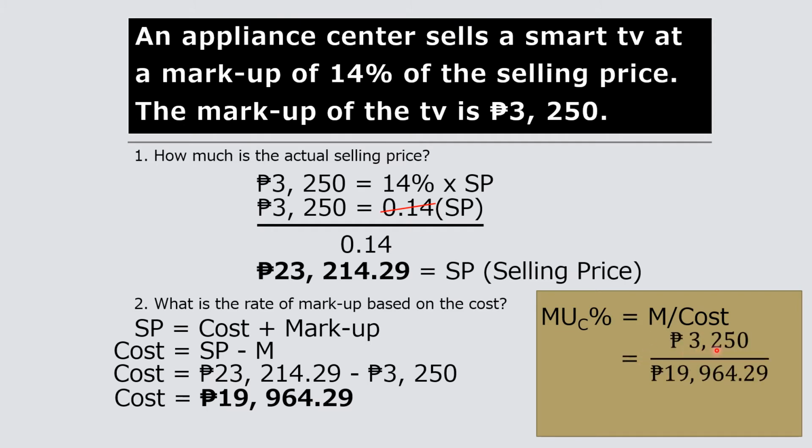That is 3,250 pesos, the markup, divided by 19,964 pesos and 29 cents, that is the cost. It will yield a result which is equal to 0.1628. I rounded off the answer to the nearest ten thousandths, or up to 4 decimal places. And this decimal is equal to 16.28%.